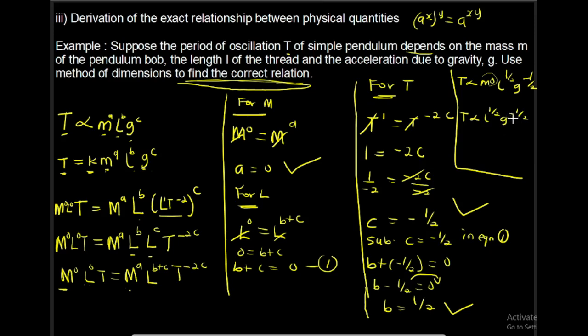Now this negative power, we can take the inverse. g raised to power minus half is the same as saying g raised to power minus half over 1. From our laws of indices, if you have a negative power, let's say a raised to power minus x, if you take the inverse, it becomes 1 over a raised to power x. The power becomes positive. So this is now going to become t is dependent on l raised to power half times 1 over g raised to power half.